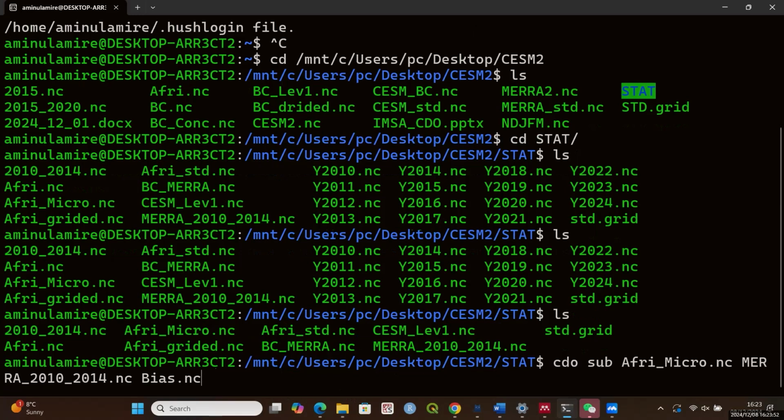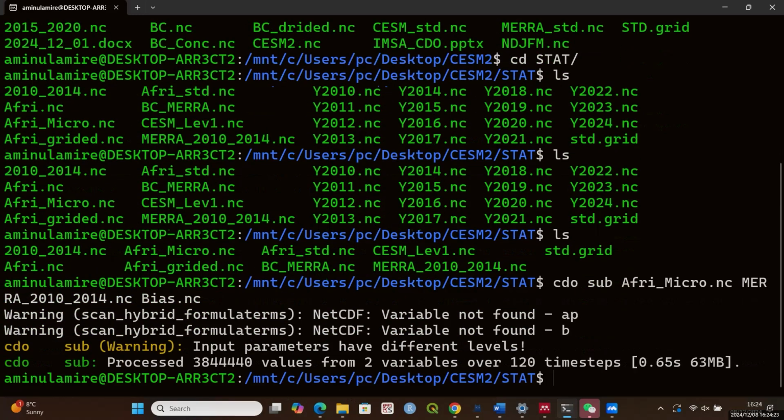You have the first in file, which is the model, and the one you are subtracting, like the standard data. Then you can try it. It's working? I heard it's working, so it means mine too will work. You have given me hope.